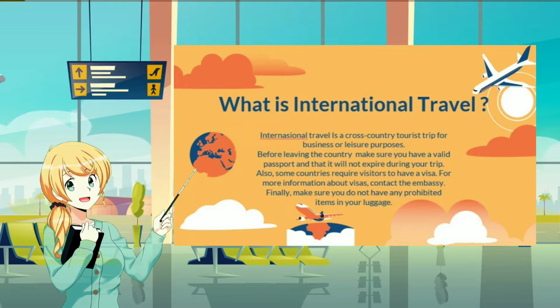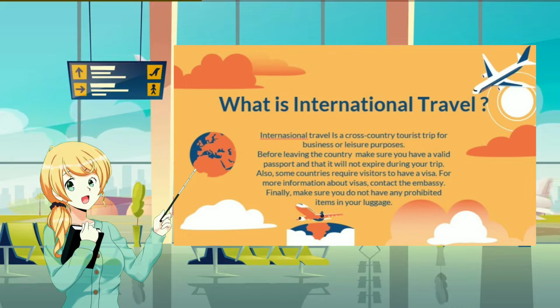What is international travel? International travel is a cross-country tourist trip for business or leisure purposes. Before leaving the country, make sure you have a valid passport and that it will not expire during your trip.